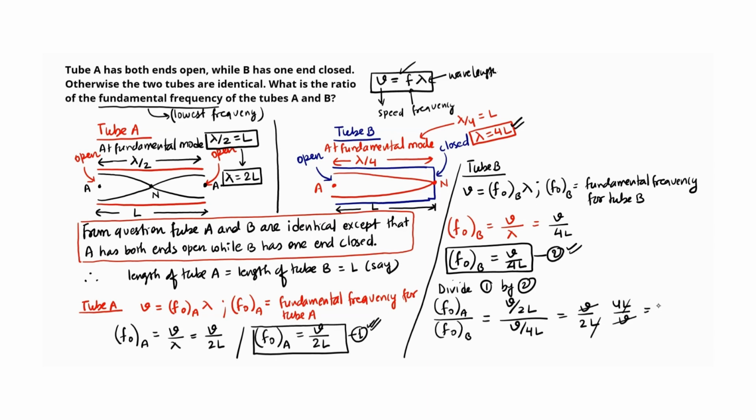So we have 2, finally. So we can write F naught A by F naught B equals 2 by 1. So this is the ratio of the fundamental frequency of the tubes A and B.